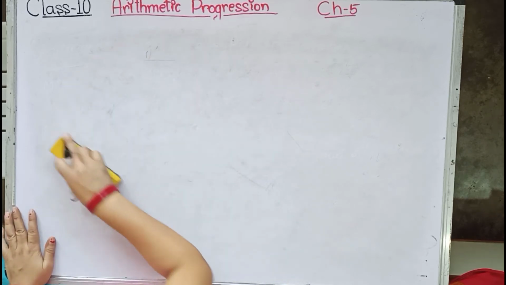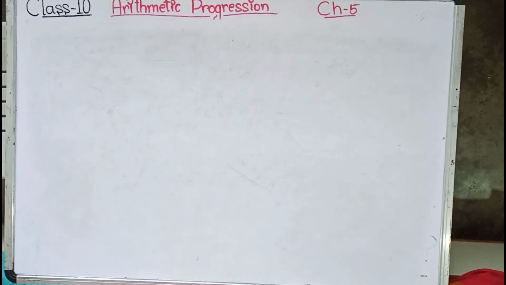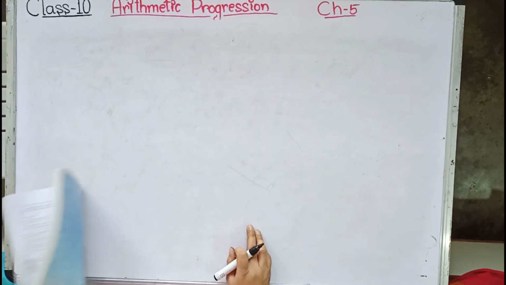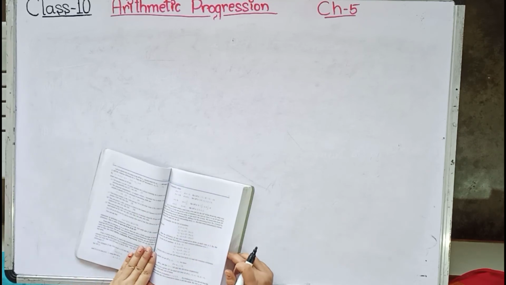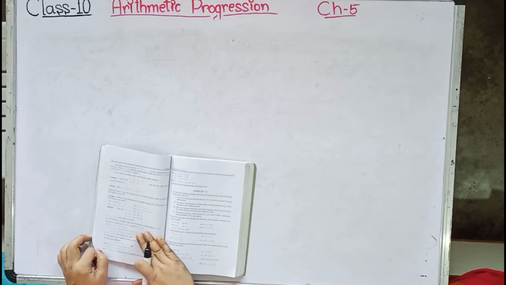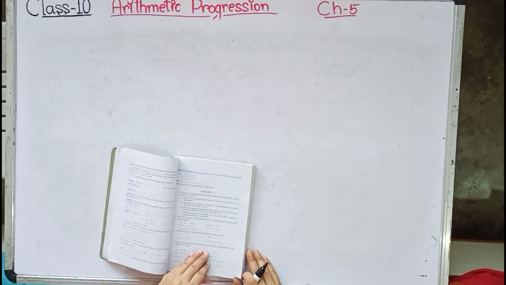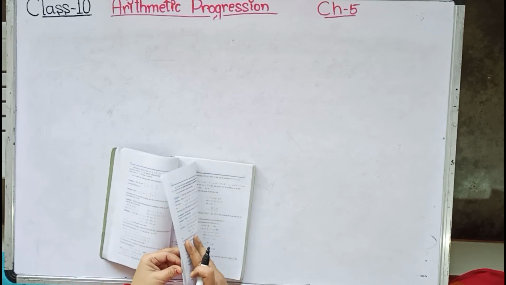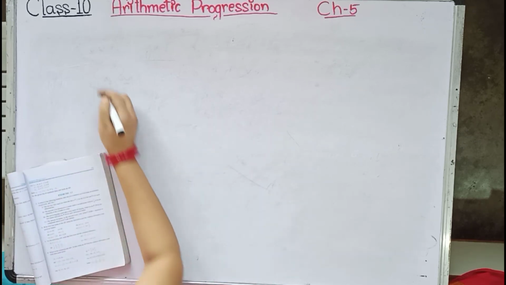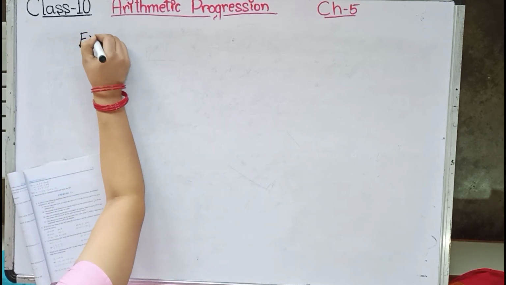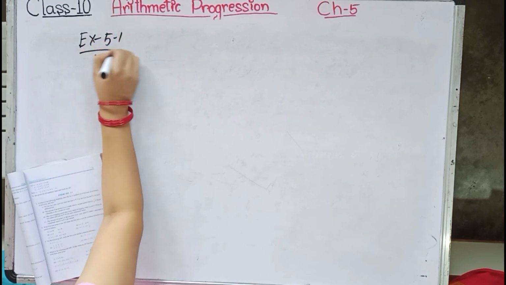So before going to the first formula, that is the sum of n terms of an AP, you open your textbook, exercise 5.1. It's an easy exercise, you can do it on your own as well, but even then let me see if I can discuss a few sums. Exercise 5.1.